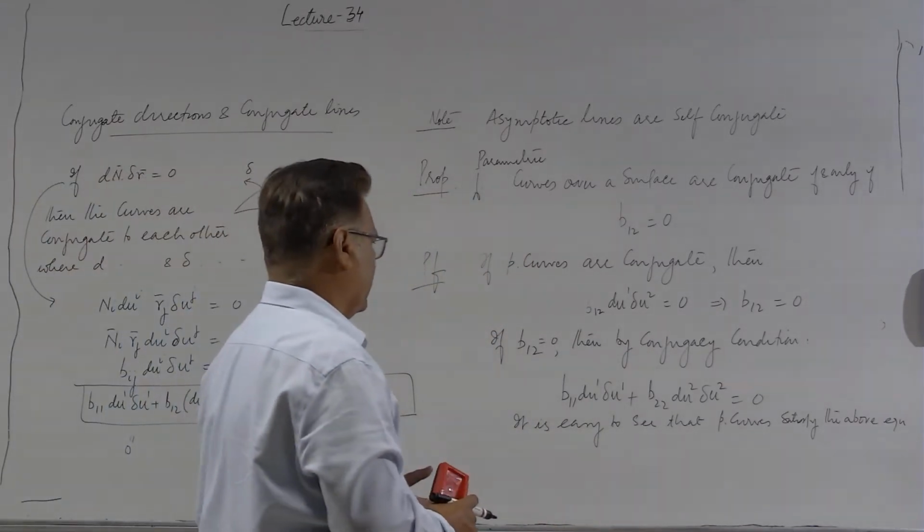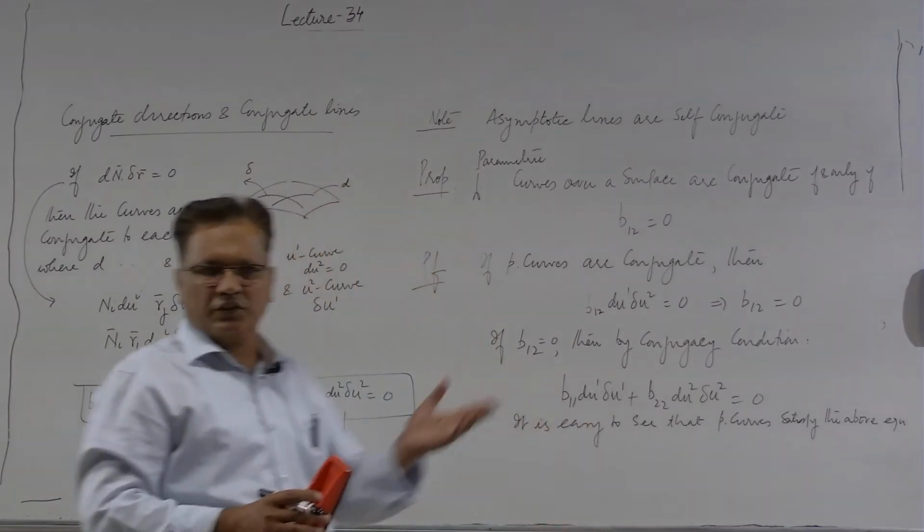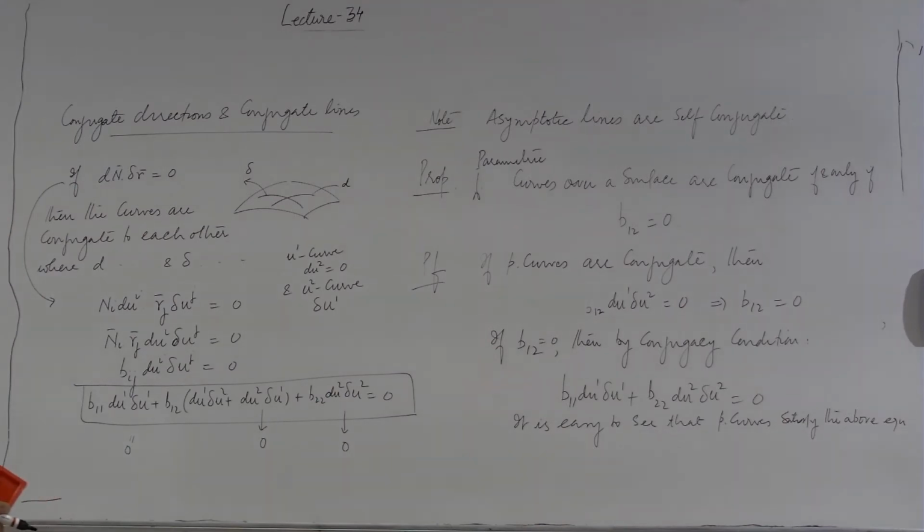So, that is, parametric curves are conjugate whenever B12 is 0. So, the statement is true from both sides. So, this proves the proposition completely.